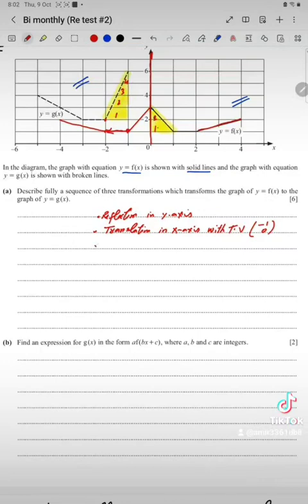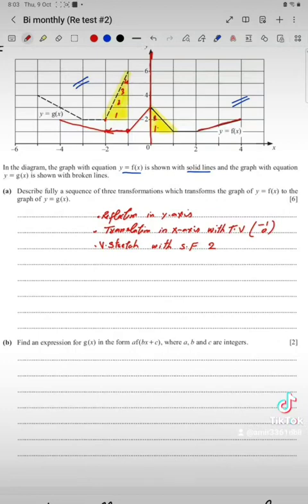So it means a vertical stretch, or stretch parallel to the y-axis, with scale factor or stretch factor of 2, because 2 becomes 4, double of it. So these are the 3 transformations.